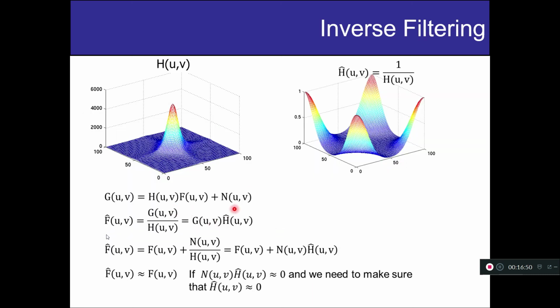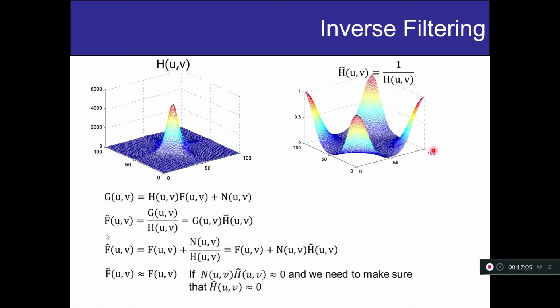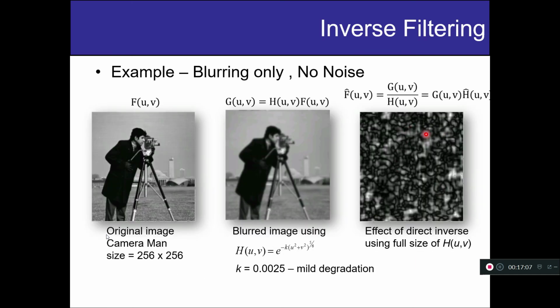Because this component is still dominant. When this component dominates the expression, you cannot see the image. The image has been destroyed by that dominant component, which is the additive noise.